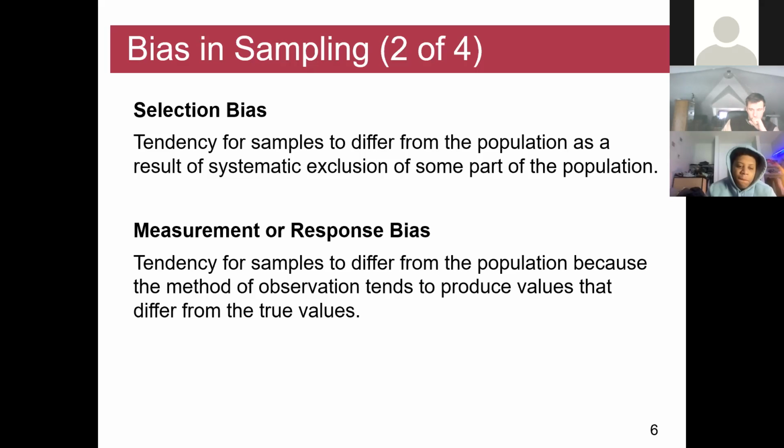But here's the point: the sampling frame, whatever they come up with, may not be perfectly representative of the population. All right, it may exclude people that should be in the list, and it may include people who should not be in the list.